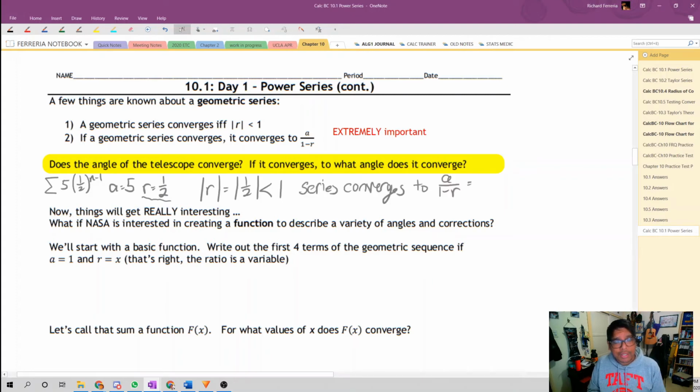And that series is going to converge to a over 1 minus r. Substituting things in, we get 5 over 1 minus 1/2. But you've got to simplify that because this is a fraction inside of a fraction. In any case, that simplifies to 10, so this series will converge to 10.